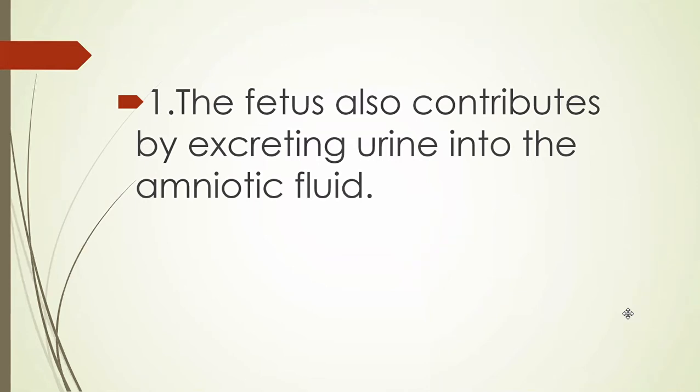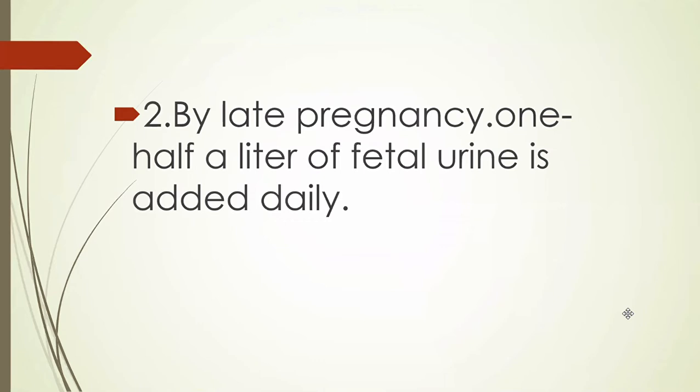The kidney must produce enough fluid to contribute to the amniotic fluid. About 1/2 liter of fetal urine is added daily. So the status of the kidneys of that fetus is really important to be able to add to the amniotic fluid.